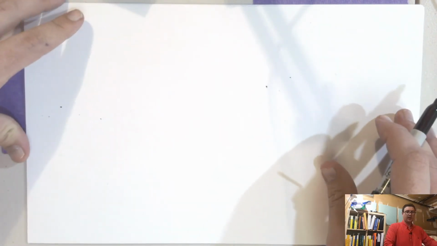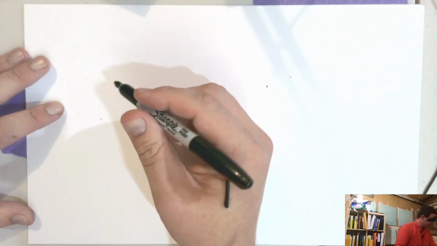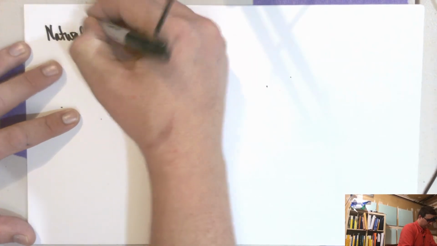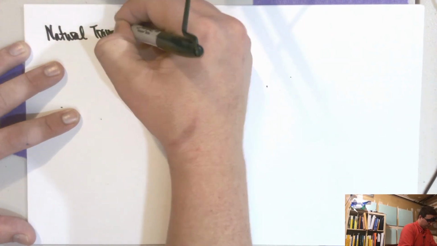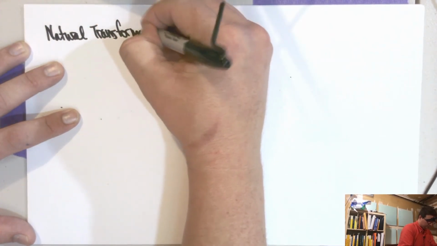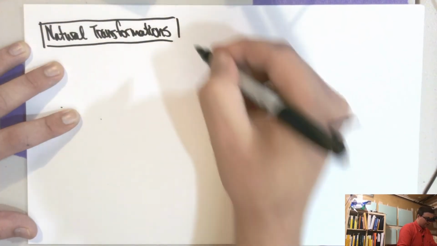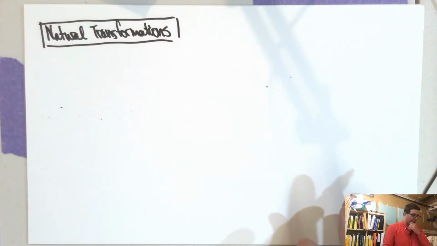So what's a natural transformation? Now we have categories and functors.